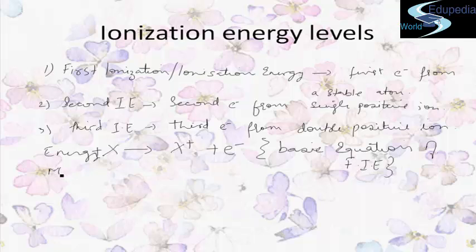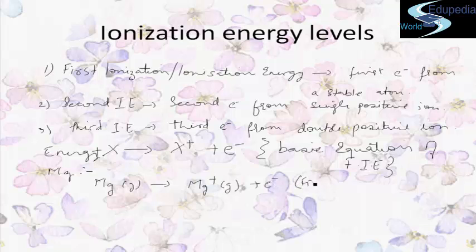I'll take the example of magnesium to show that the higher levels of ionization energy are always greater than the lower ones. That is, the second ionization energy is greater than the first, and the third is similarly greater than the second and the first. So here we take magnesium, and we get an ion plus an electron.